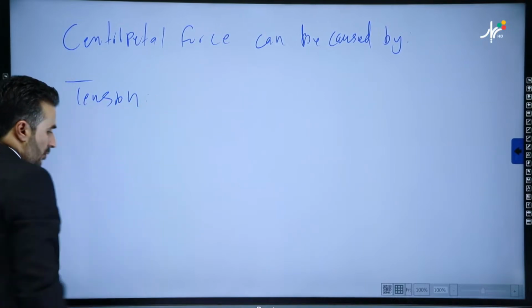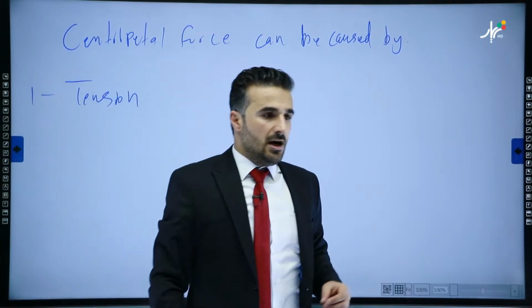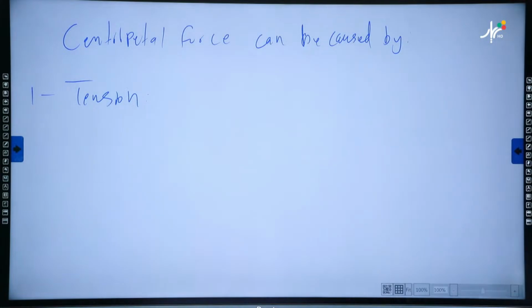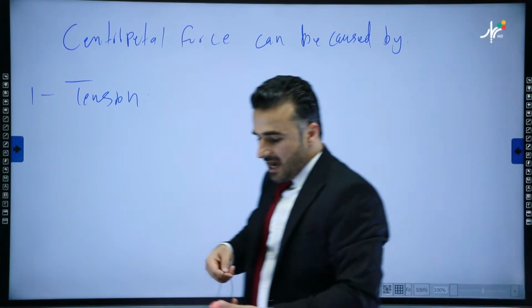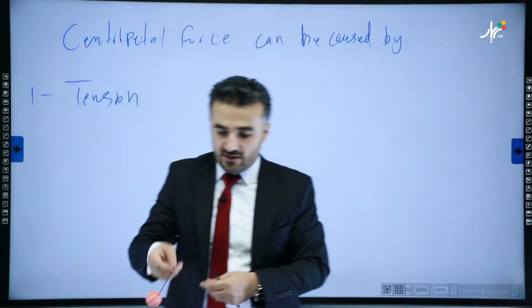Tension force. What do we mean by tension? Let me see if I have something I can show you. Okay, yes, I found it. Very good. So let's say we have this mass that is attached to the string here.